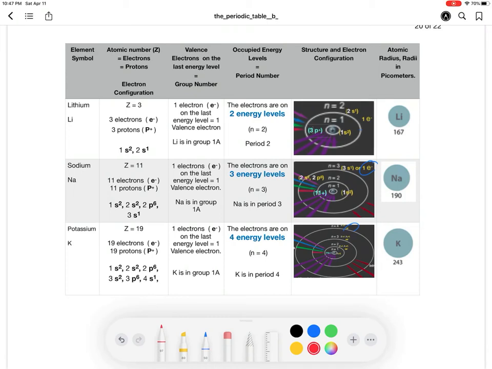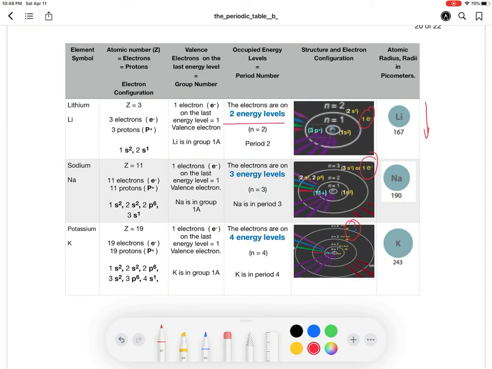You notice here that when we move, you have lithium, sodium, potassium, those are all in group 1, but we're moving down, and as we move down the period number increases.